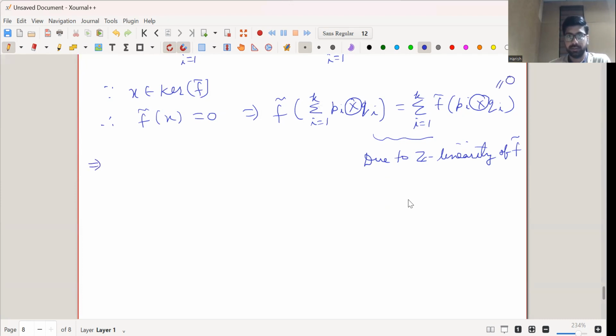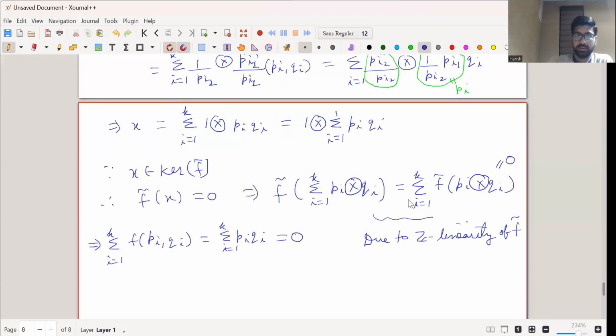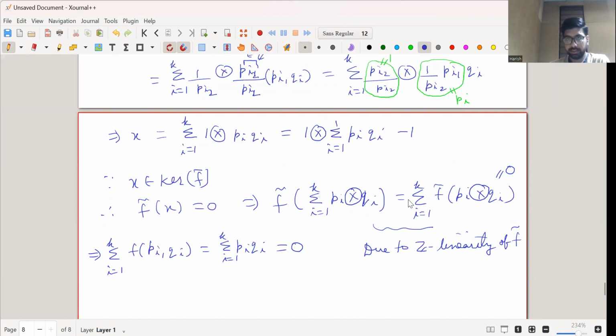So we have summation of i equal to 1 to k of f tilde of p_i tensor q_i, which is nothing but f of p_i q_i, the product, that is p_i q_i, and that is equal to 0, right? So let's say this is equation 1.